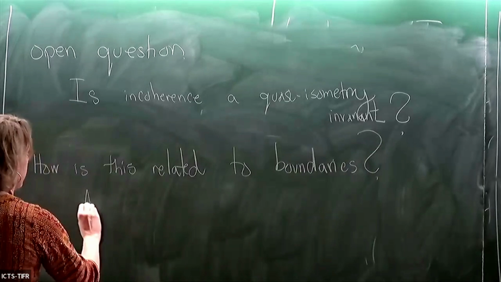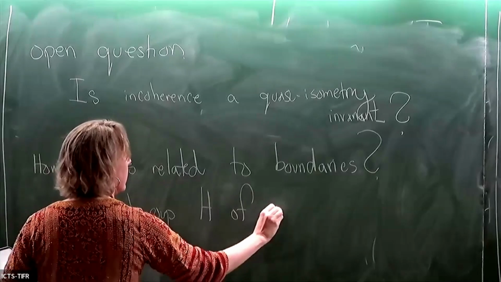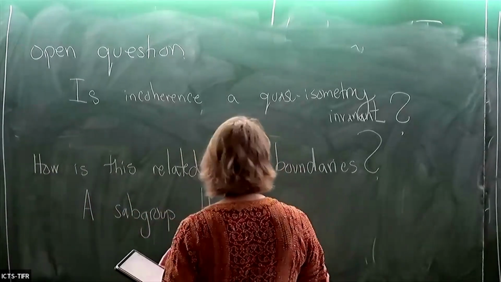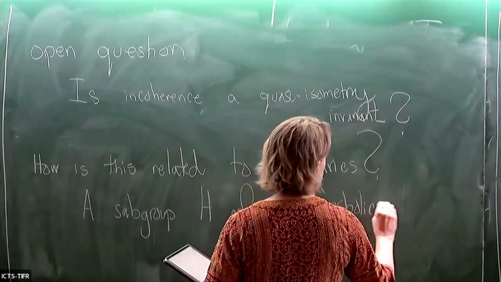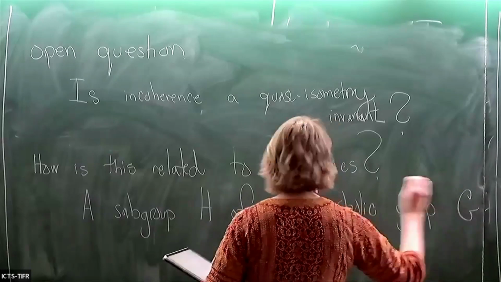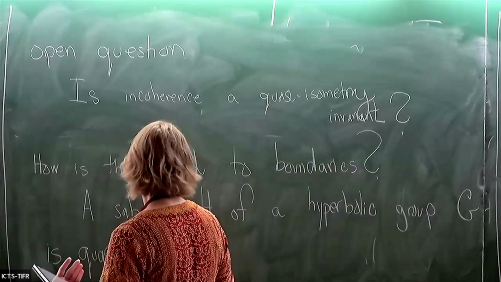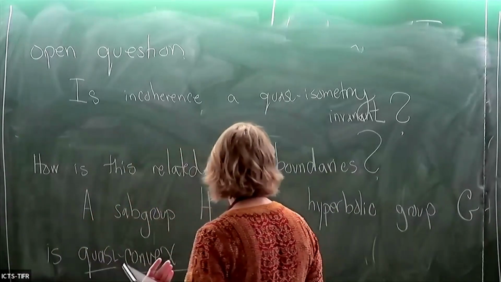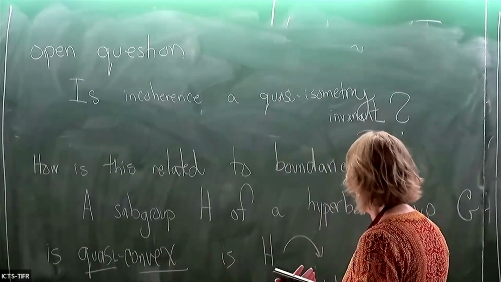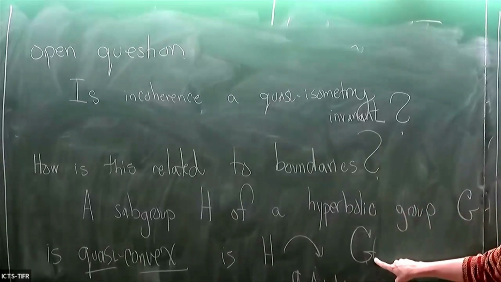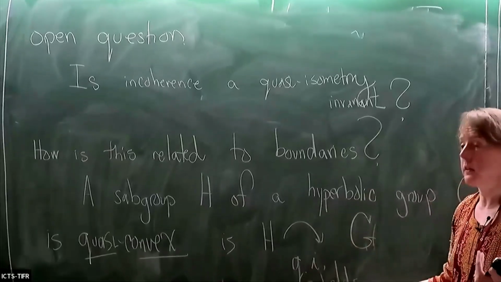A subgroup H of a hyperbolic group G is quasi-convex, and this is just one definition, if H quasi-isometrically embeds in G. So I can take any space that G acts geometrically on, look at the action, and the orbit of the action of H should be a quasi-isometry from H here.